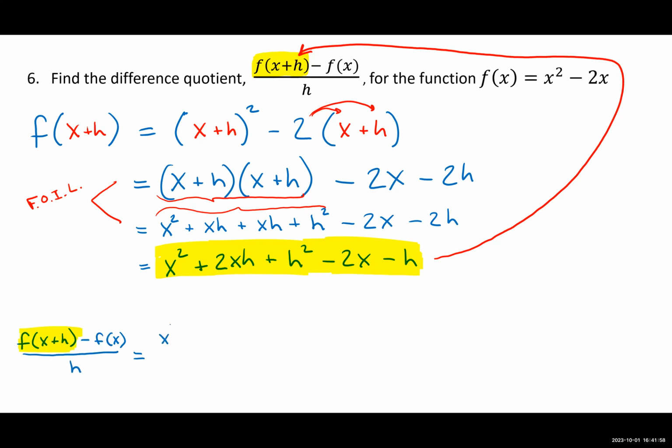So that's x squared plus 2xh plus h squared minus 2x minus h. There's an h on the bottom.